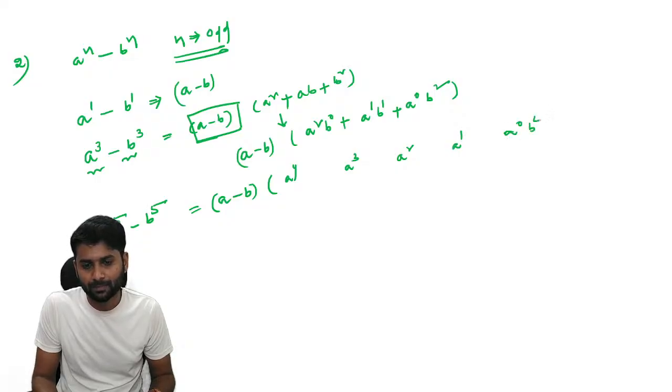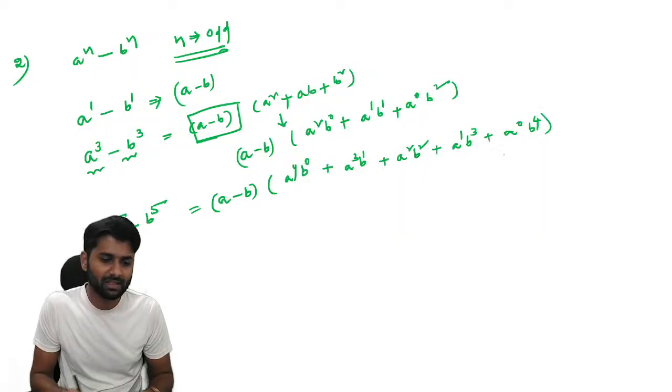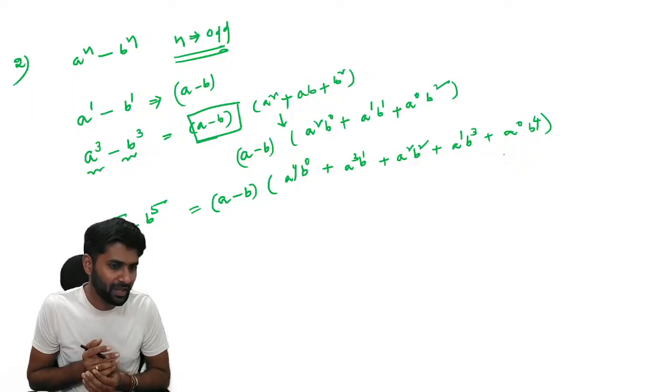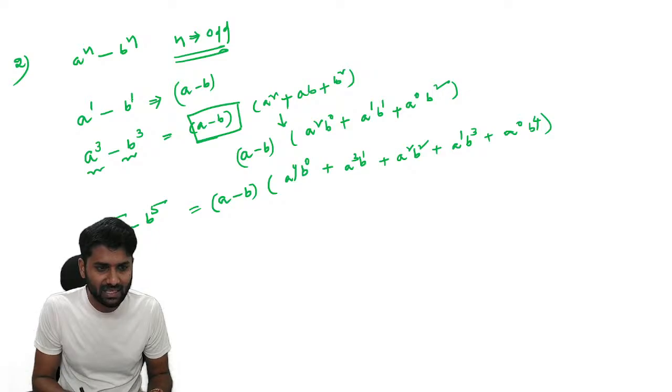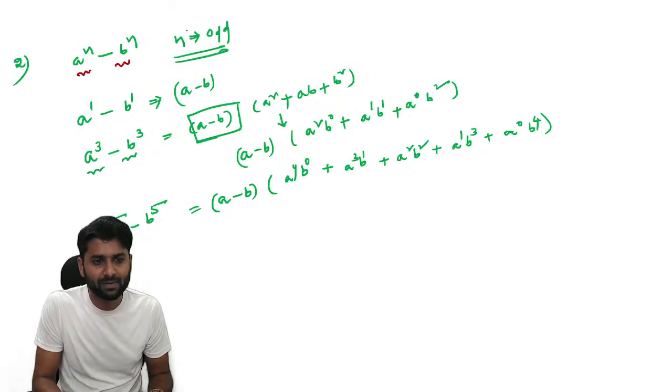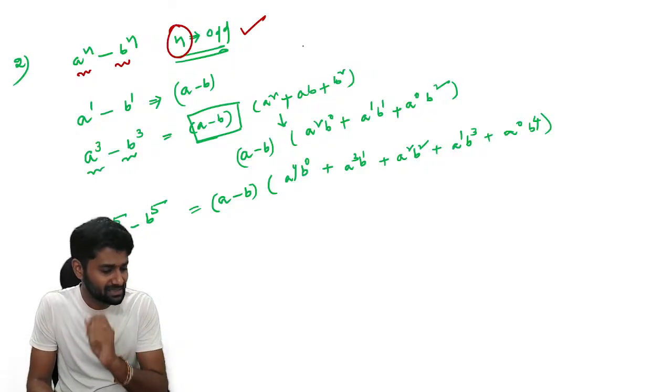Back to the same, b power 4, b cube, b square, b power 1, b power 0, all positive values. In this way, you can remember the formula of a power 5 minus b power 5. But the point you should understand is that if n is an odd number, a power n minus b power n is always divisible by a minus b.